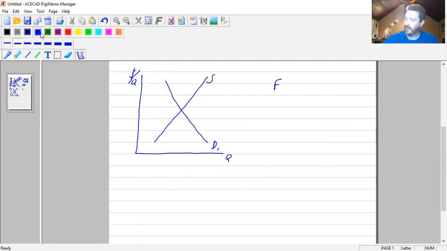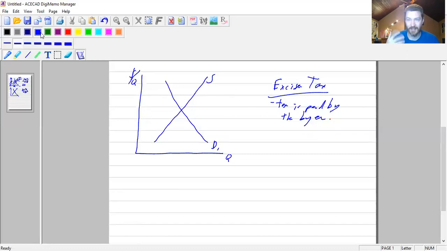So we're going to go through another excise tax example, same example, except now we're going to assume the tax is paid by the buyer. Tax is paid by the buyer. Again, this is all just based on how this is written into law.